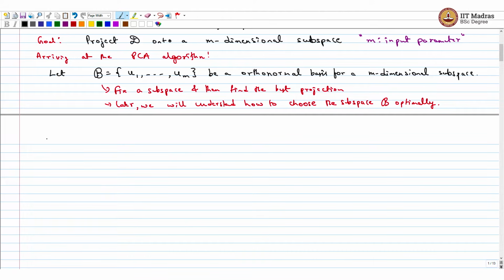Now what we can do is extend B to a basis for the original d-dimensional space that houses the data.